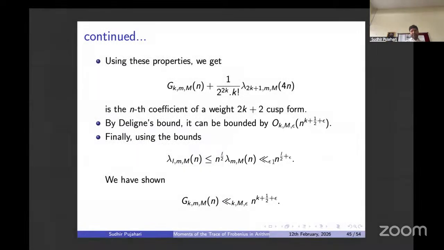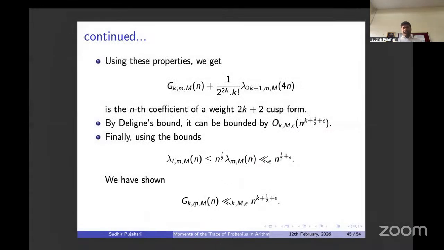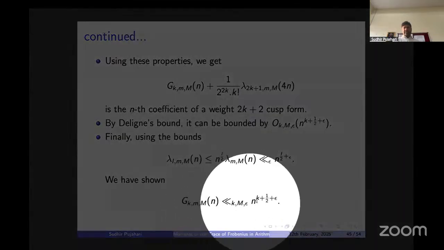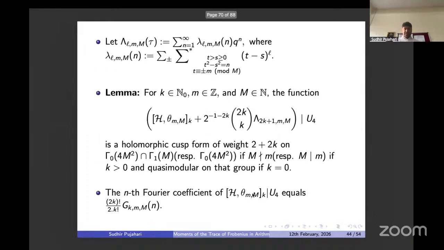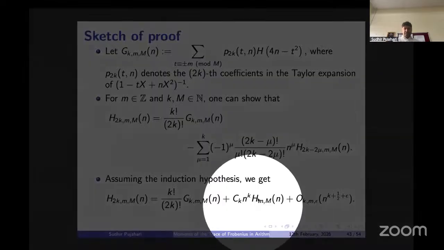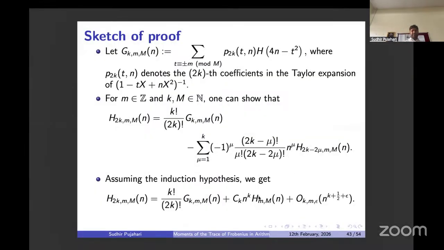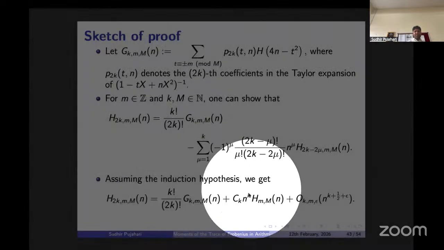So combining everything, what we have concluded is that G k,m,n is precisely less than n to the power k plus half plus epsilon. In other words, the middle term that was appearing over here is actually the main term. This term with the Catalan number is actually the main term, and that is why if you divide this term over here, this is precisely the Catalan number.